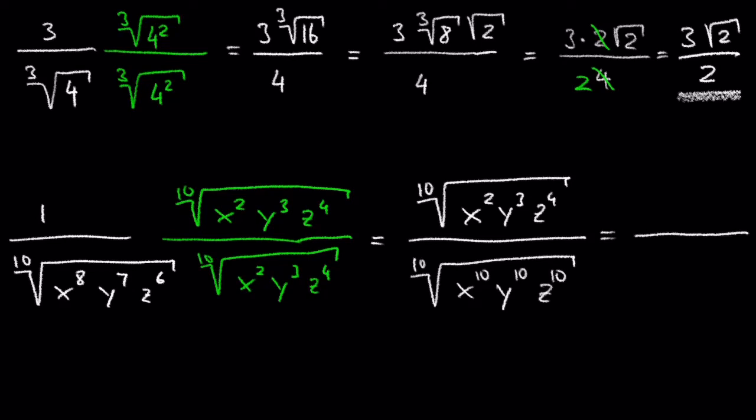So finally we get the 10th root of x squared times y to the 3 times z to the 4 over x, y, z.